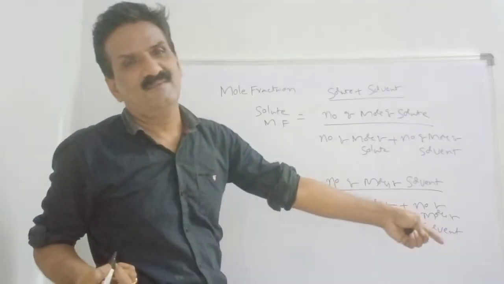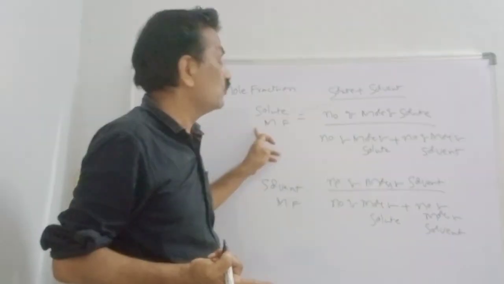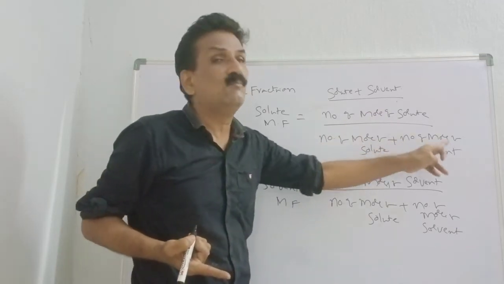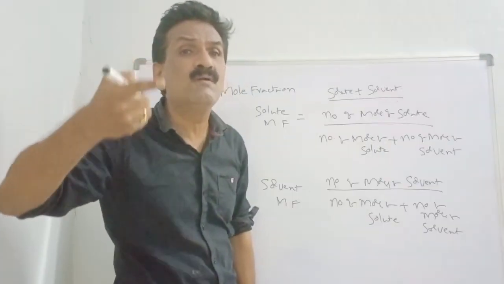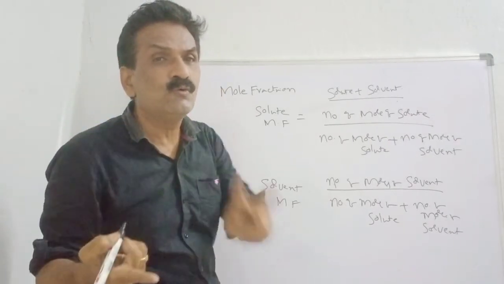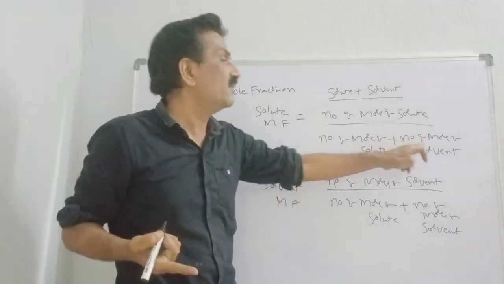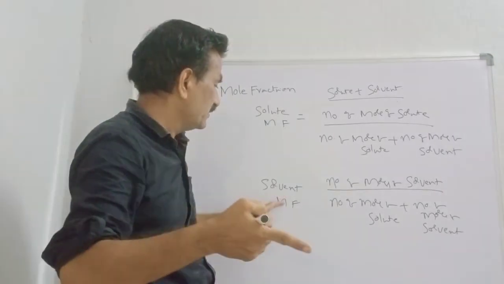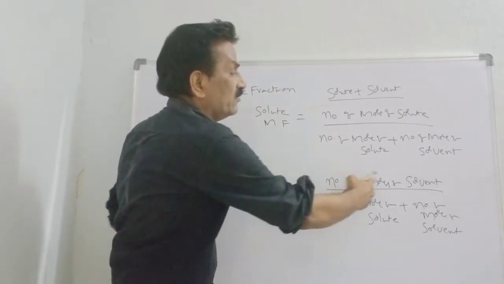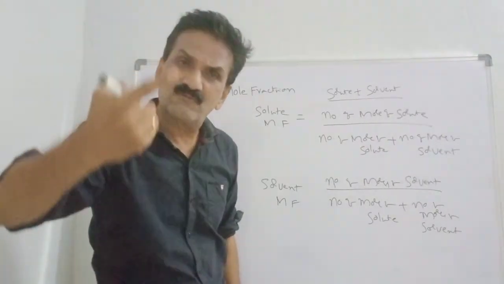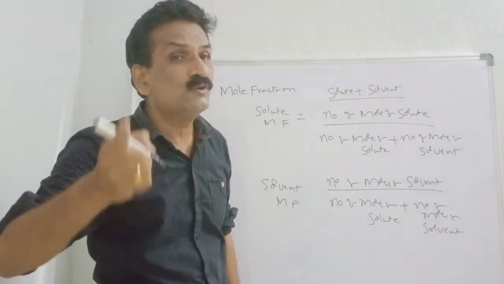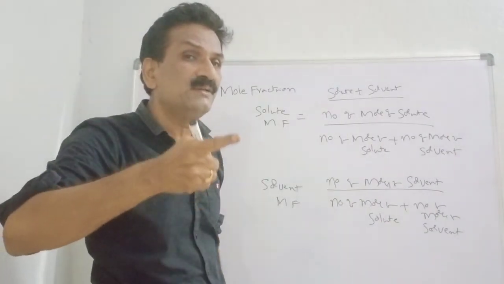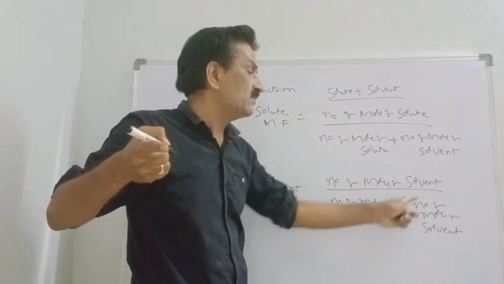Total moles, what? Solute plus solvent. Okay. In a mixture, you have to mention which components are there. In solution, two components are there: one is solute, another is solvent. If you want one component's mole fraction, it is the number of moles of that component by number of moles of solute plus number of moles of solvent.